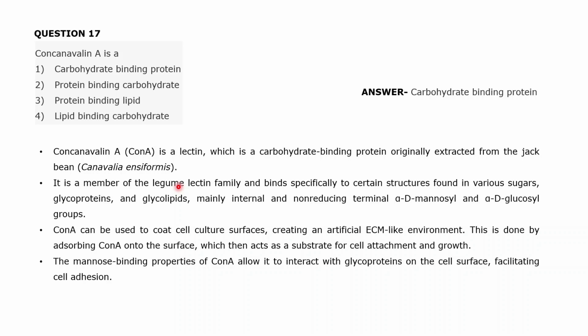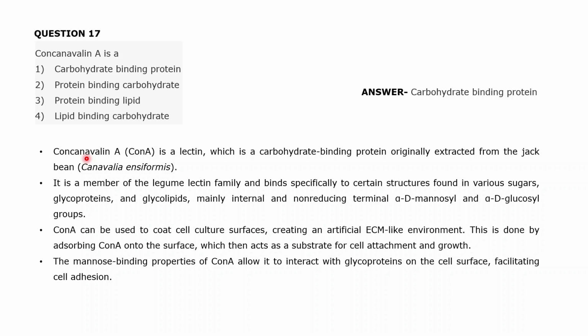However, if you look into the surface characteristics of those rods or cones, they consist of a large number of glycoproteins. So concanavalin A, along with other substrates or any other additions, is used as a cell surface coating or an extracellular matrix to grow these rods or cones, because the presence of these glycoproteins promotes the attachment of concanavalin A to them.